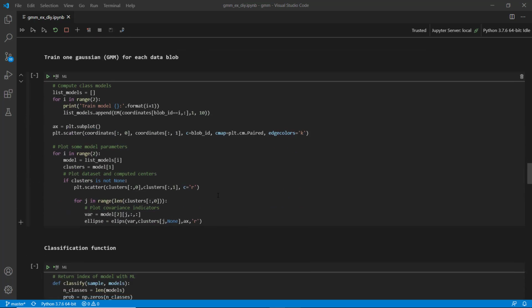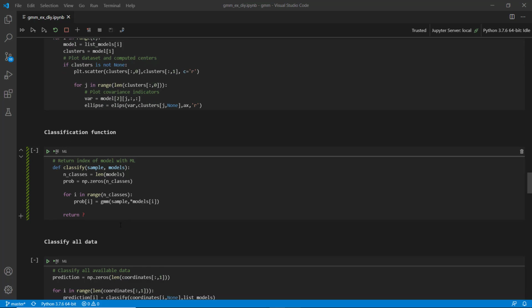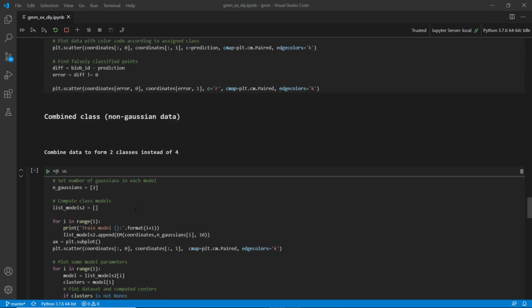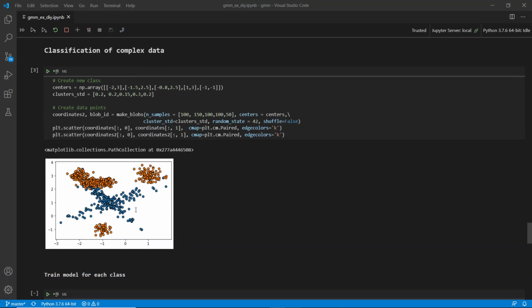For this application, there's one function left that you need to complete, which gives us a decision based on a sample and pre-trained GMMs, basically a classification decision. And we will also see, if it were one class, what the GMM will give us, what advantage we have, and then later on we will have more complex data and we will look at advantages of Gaussian mixture models.